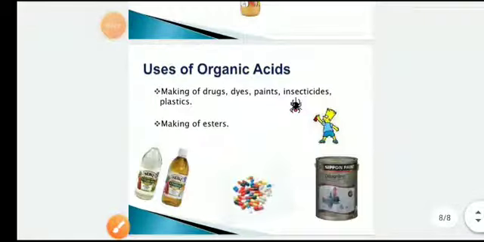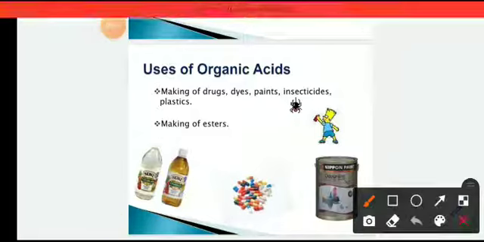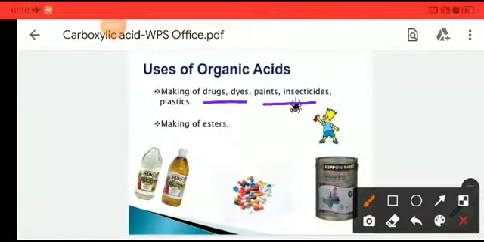And some other uses of organic acids other than ethanoic acid are making drugs, dyes, paints, insecticides and plastics. In case of drugs, we use many of the carboxylic acids, like benzoic acid as well as formic acid, as well as some long chain acids, that is heptanoic acid or pentanoic acid, to make it soluble.